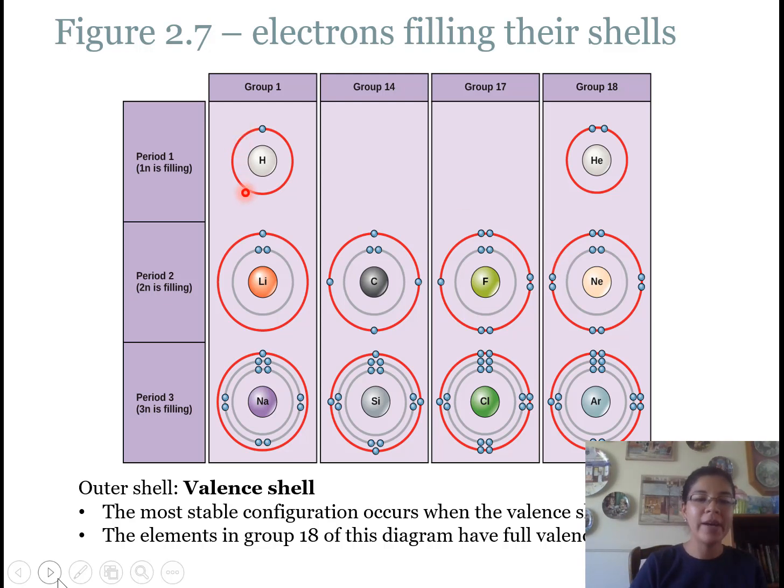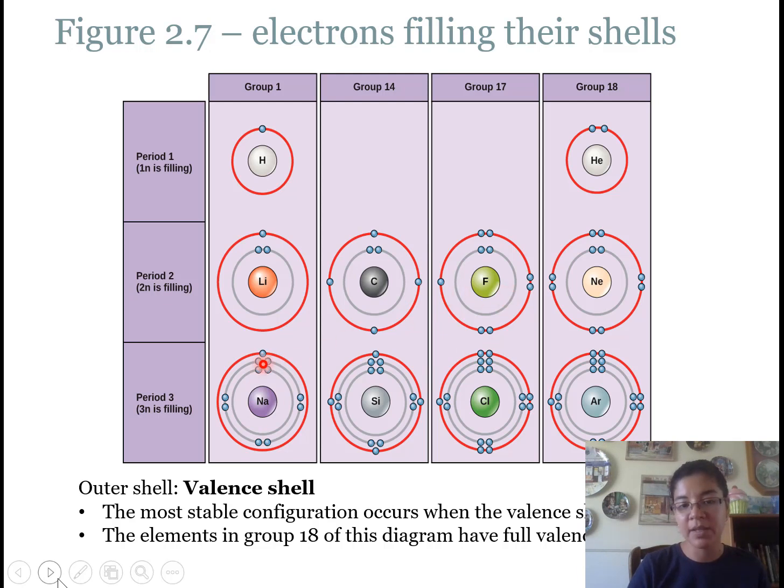So we go back to group 1. Is it easier to lose an electron or to gain one for hydrogen? Helium is in group 8. So for hydrogen, it could easily lose an electron or gain an electron. But for period 2, second row, there's 1 electron. Well, it'll be easier to lose that 1 electron than to gain 7 electrons. If we go to fluorine, we have 7 electrons, so it'll be easier to gain an electron than to lose 7 electrons.